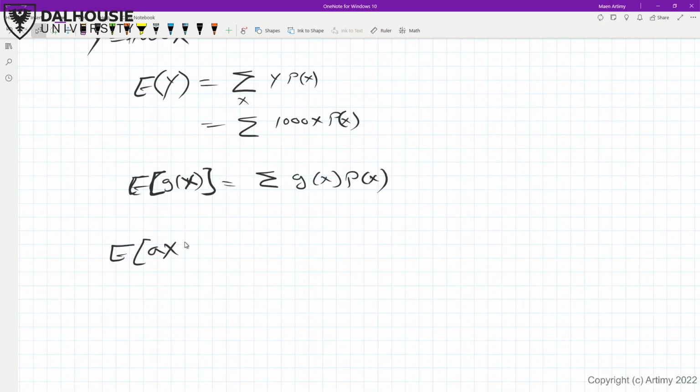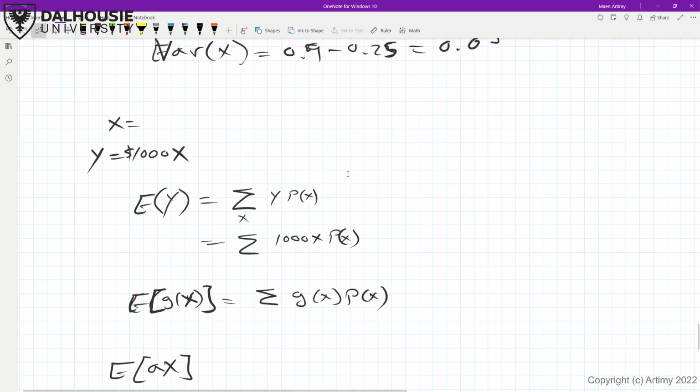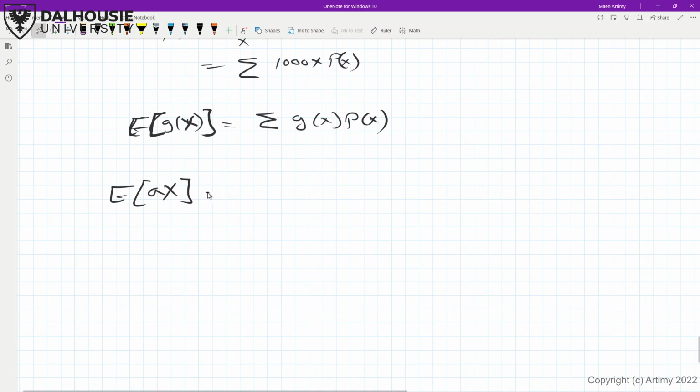this is similar to the expectation of a times x, where a is the constant 1000. So we could simply take a out, and it becomes a multiplied by the expectation of x.